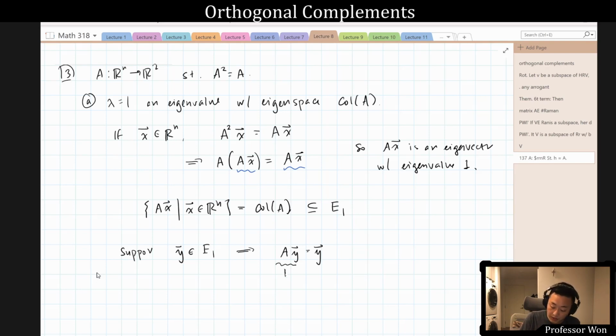So this shows that y is in the column space, which gives us that E1 is a subset of the column space. Okay, so really nothing too tricky in this problem. It's just about using the correct ideas in the correct order.